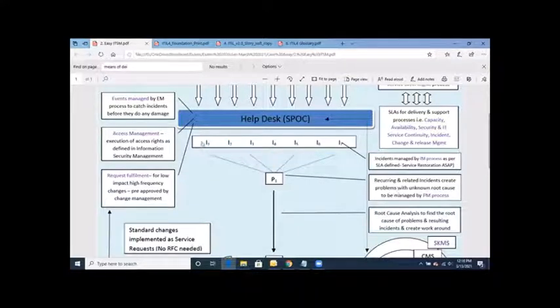The problem manager looks at the database of incidents, the trend of incidents, what kind of incidents are coming over a period of time. And then he clubs the similar looking incidents together and creates a problem ID out of it.